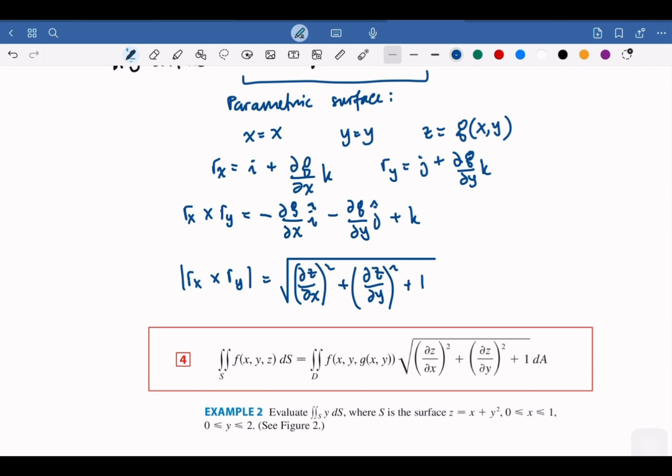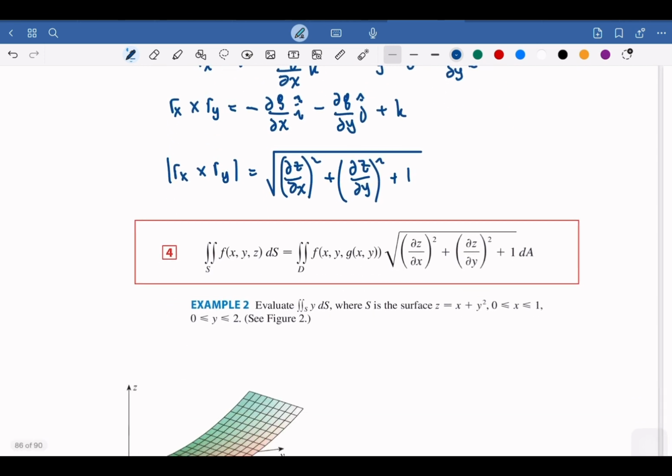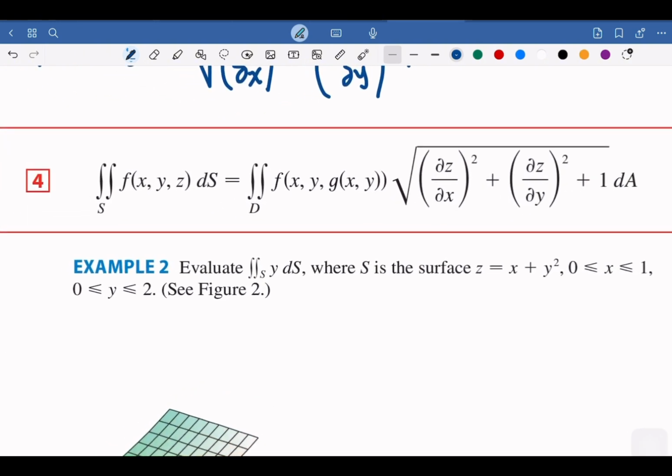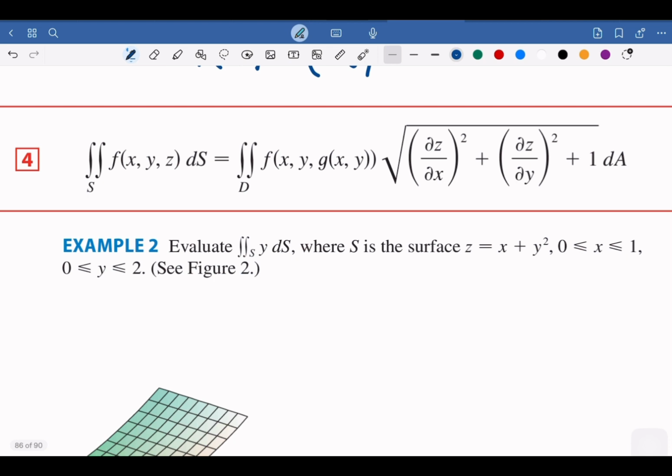So for example, if we have the surface, it's quite simple. The surface integral of y dS, where S is the surface z equals x plus y squared. Notice that we can directly get the partial z partial x, which is 1, and partial z partial y, which is 2y.